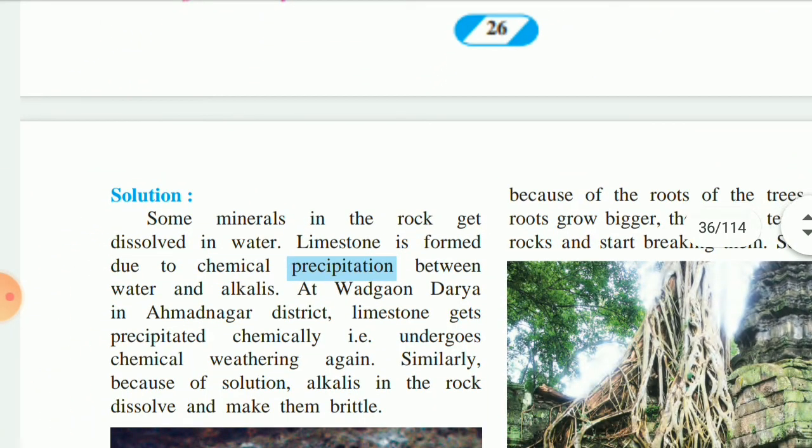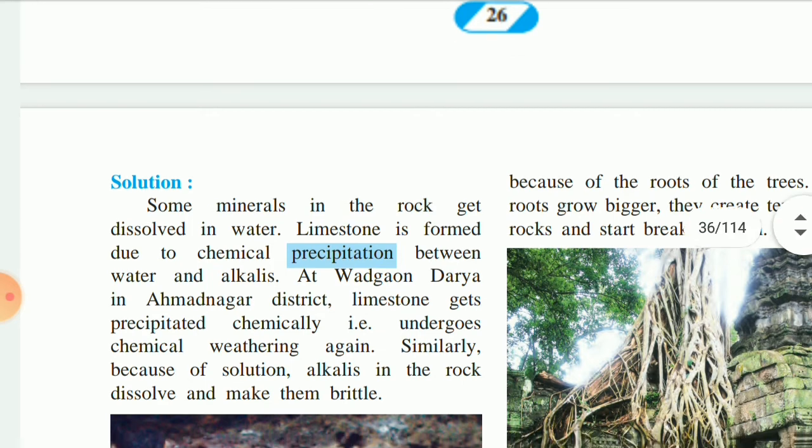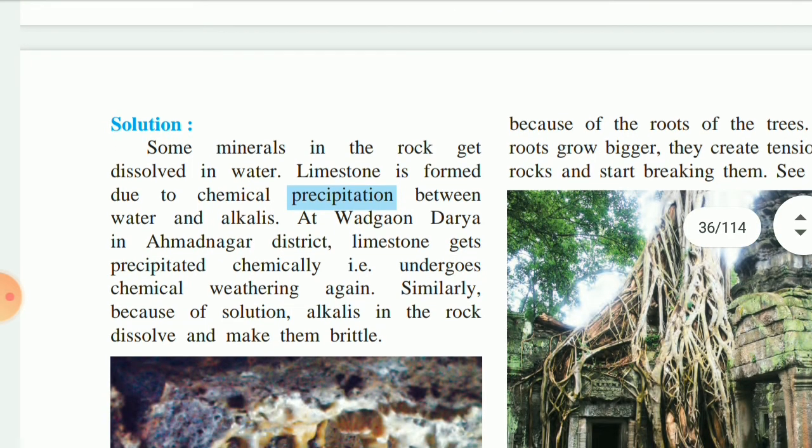And then we will see the second reaction, how chemical weathering takes place, that is solution. How is the solution created? Some minerals in the rock get dissolved in water.